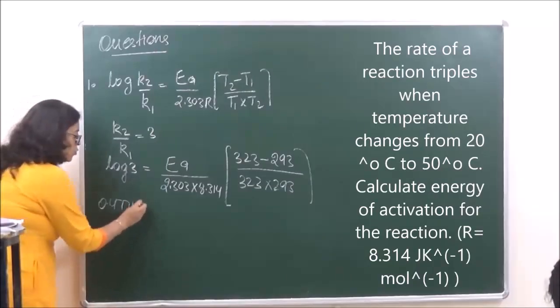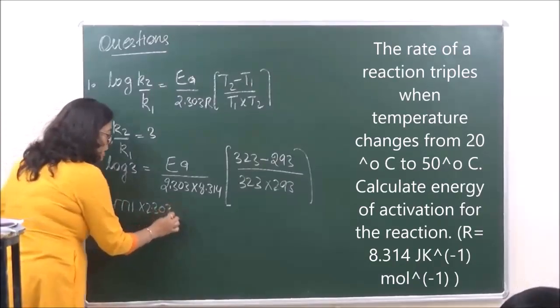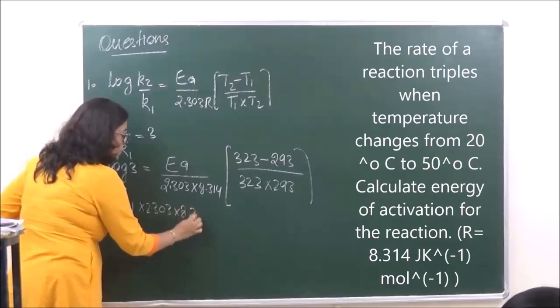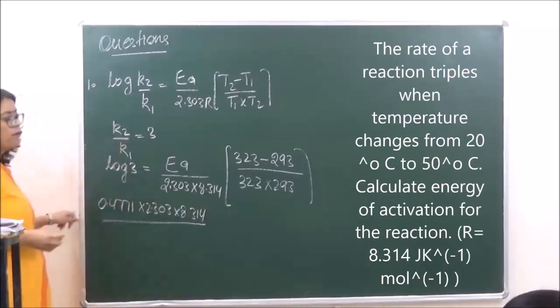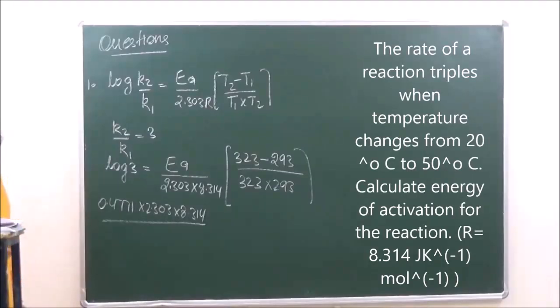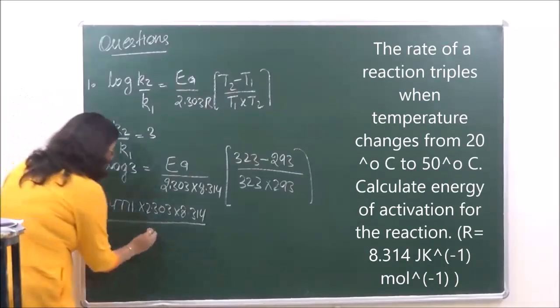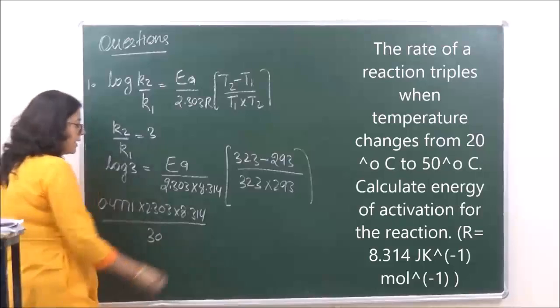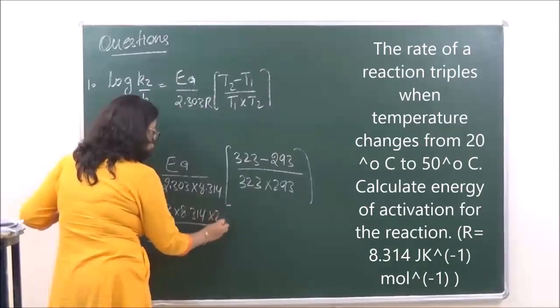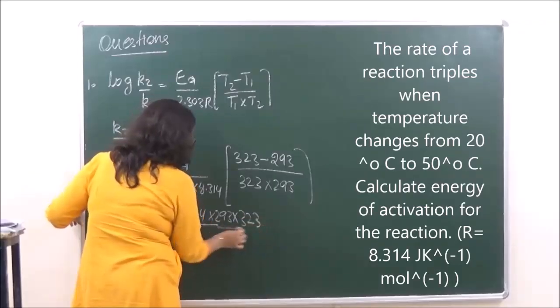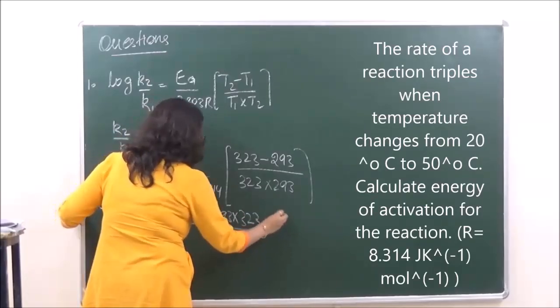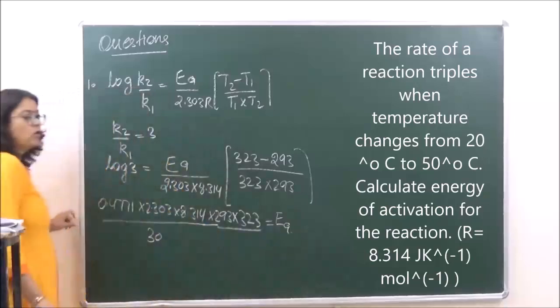Okay, so the value of log of 3 is 0.4771, into 2.303 into 8.314, divided by the value of 323 minus 293, that comes to 30, into 293 into 323. That is going to be the value of EA.